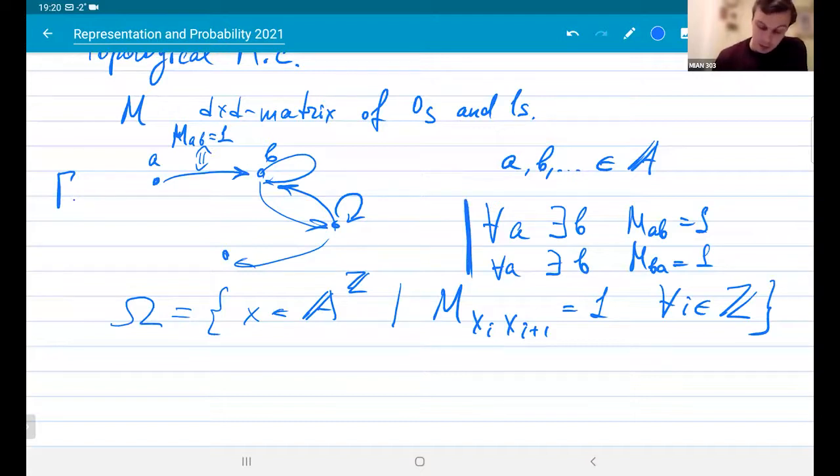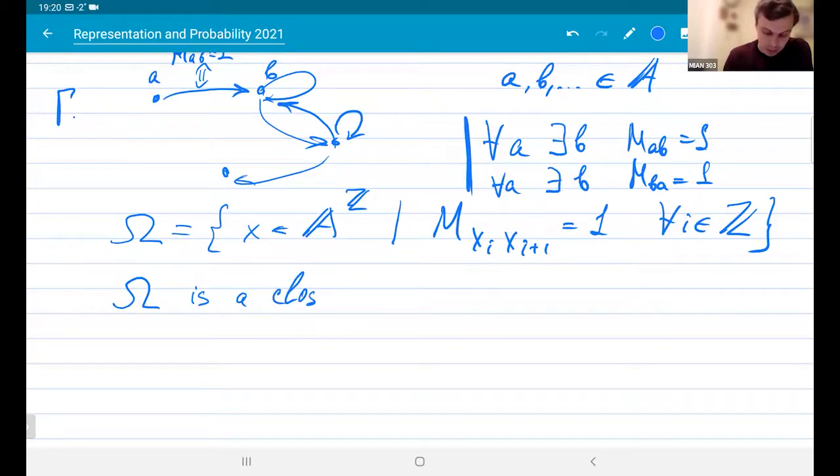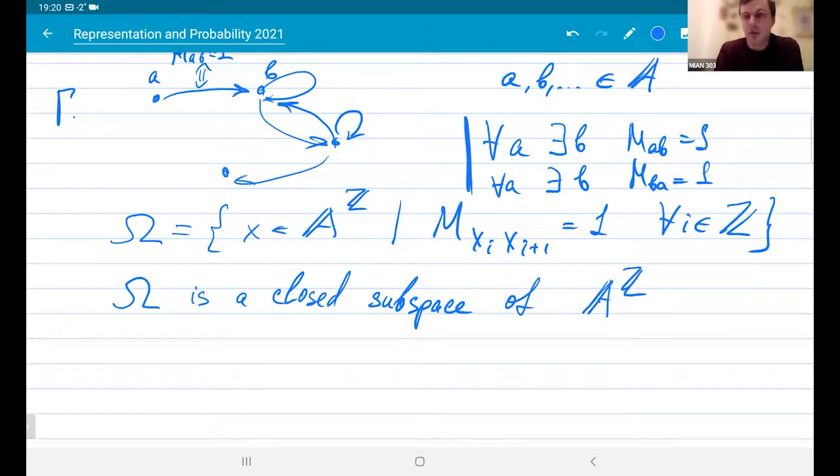Okay, well, next, this set omega is a closed subspace of just A to the Z. I have defined the topology and metric on {0,1} to the Z, but here it is the same topology. And so it is compact, and hence omega is compact.